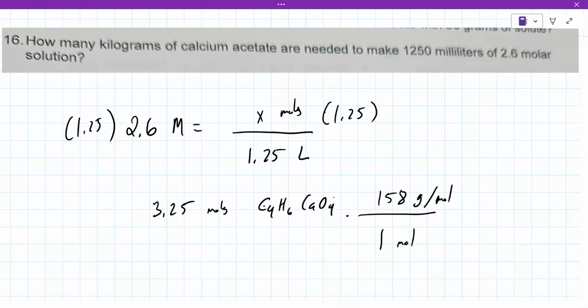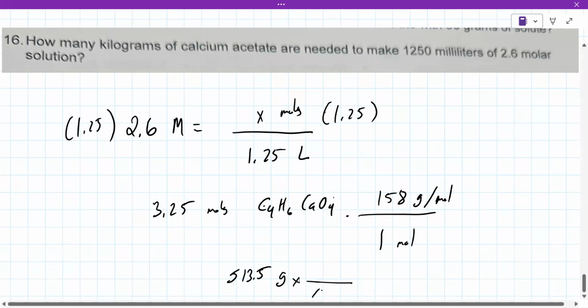So 3.25 times 158 is 513.5. It's quite a bit. Now that's in grams. So when you convert to kilograms, there's 1,000 grams in 1 kilogram.